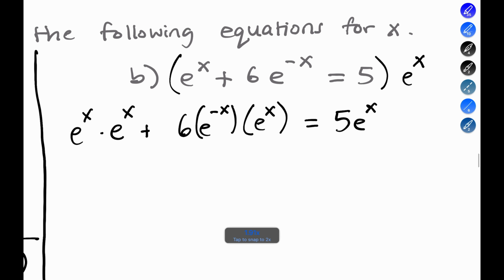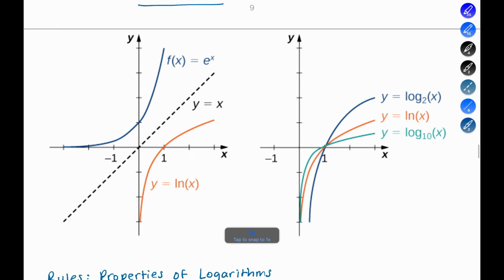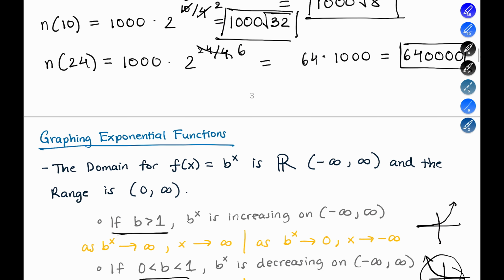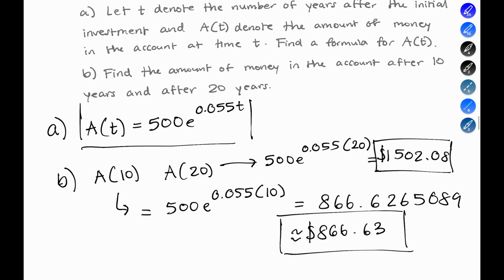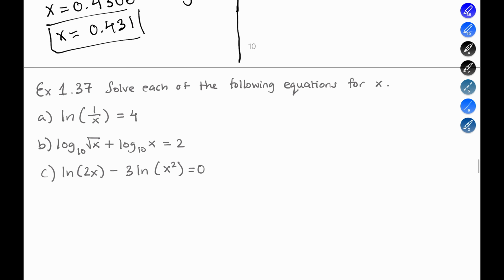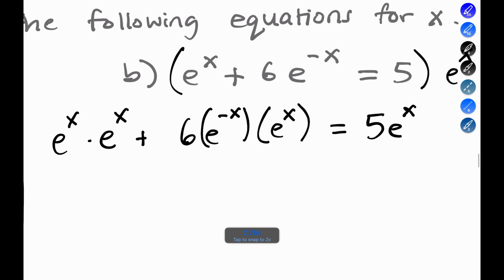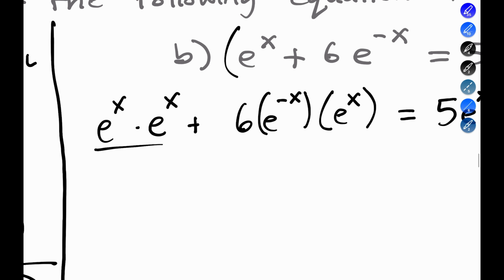Now, because of our exponential rules that we looked at earlier, and I'll show you them right now, because of rule number 1, if you multiply two values with the same base, then you can just add the exponents together. And that is our case in this problem. If we go back, we have the same base e for both, so we can just add the exponents.